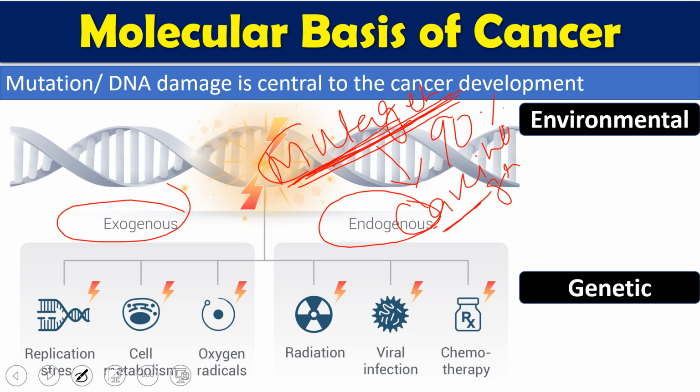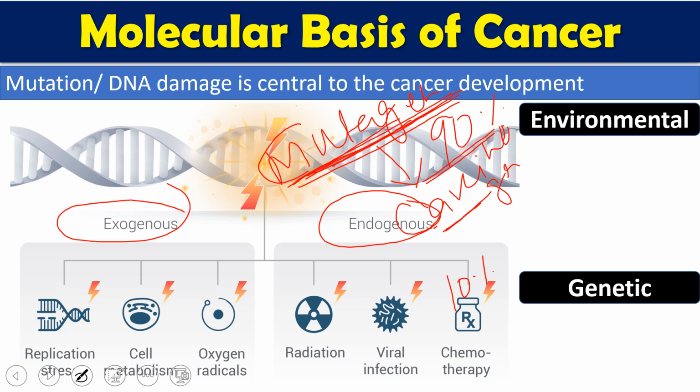In 90% of cases, the cancer causing agents can be avoided by us. Only 10% of cases are because of our genetic history, which we get from our previous generations, either father, mother, grandfather, grandmother, that is, from our inbuilt characteristic features. So in 90% of cases, we can avoid those carcinogenic agents.